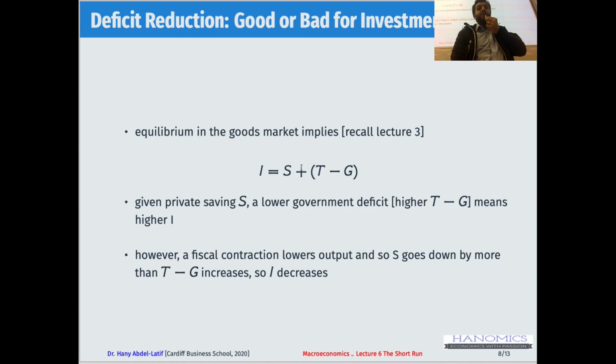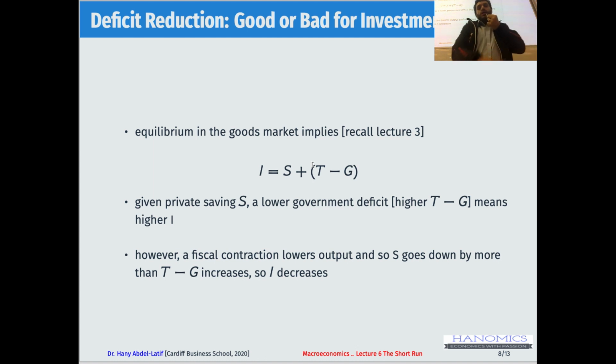This is private saving and public saving, so it's T minus G. T minus G is the difference between taxes and government spending. So the question here: is it good or bad for investment to reduce the deficit?